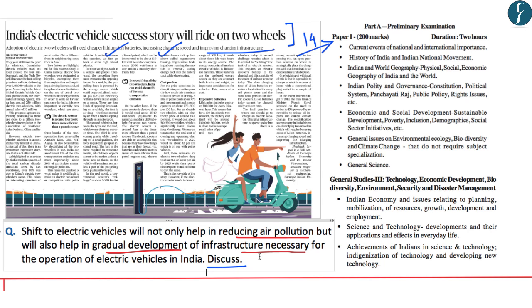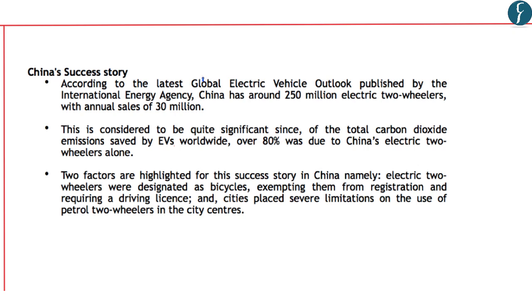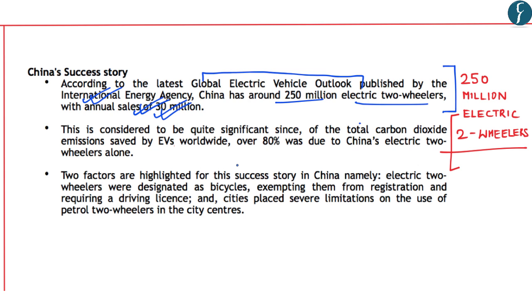Now, according to the latest Global Electric Vehicle Outlook published by the International Energy Agency, China has around 250 million electric two-wheelers with annual sales of roughly 30 million two-wheelers. The sale of electric vehicles in China is considered very significant because, of the total carbon dioxide emissions saved, 80% was due to China's electric two-wheelers alone.